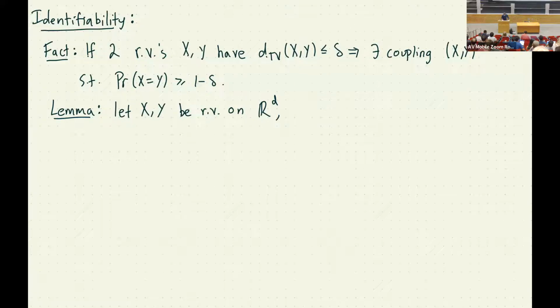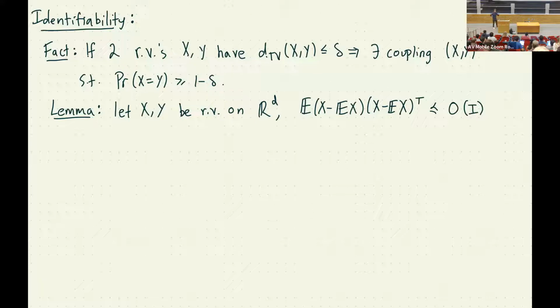And let's assume that they both have bounded covariance. I'm going to write out the definition of covariance just one more time here, and then I'm going to start using shorthand. I'm just going to be a little loose with constants. Let's say it's order 1. So the maximum eigenvalue of the covariance matrix associated to X is constant as the dimension d goes to infinity, and the same for Y.